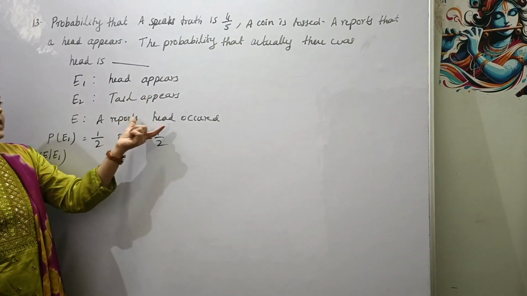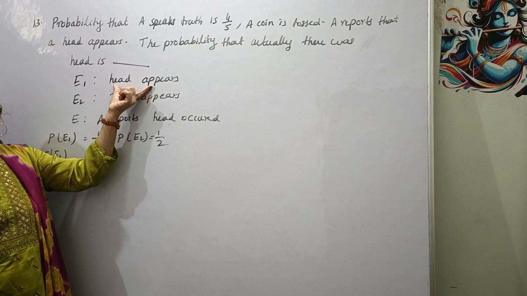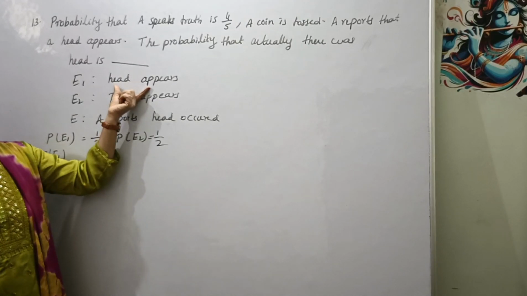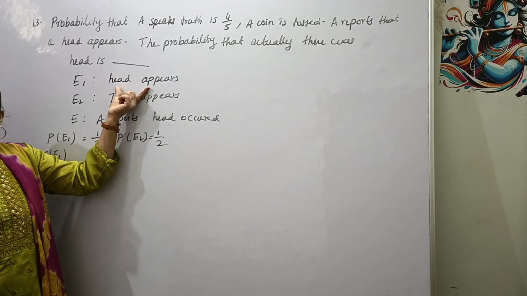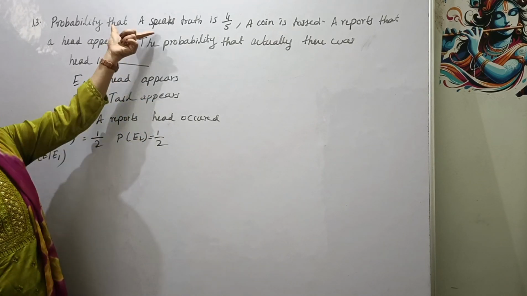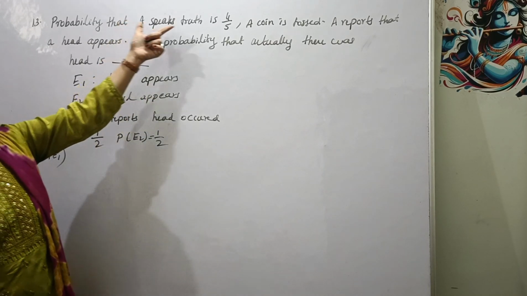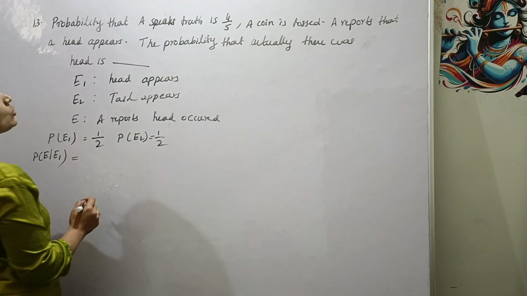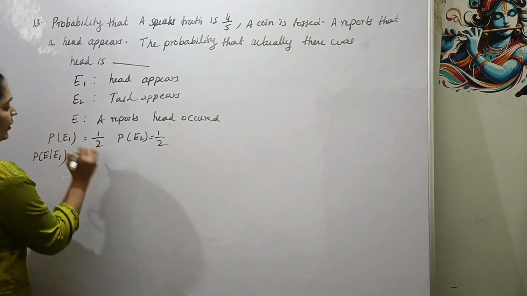That is when head appears, that means A speaks truth. Right? So what is the probability of A speaks truth? 4 by 5. Probability of A speaks truth is 4 by 5.